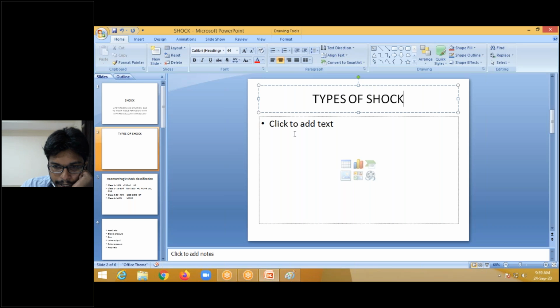Yeah, hypovolemic, cardiogenic, then anaphylactic, hypovolemic, septic, cardiogenic, neurogenic. Yeah, someone said a new term, distributive. Yeah, it's nice.